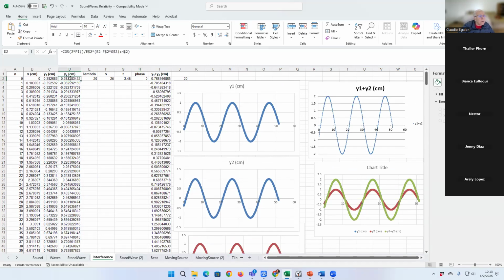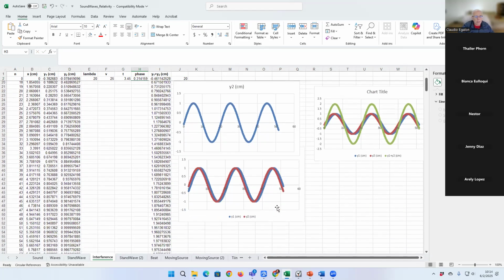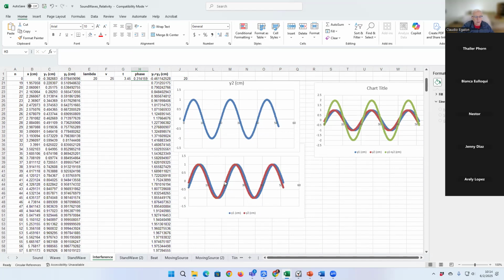Phase 0. Now I'm going to start with pi over 10. So look here. Those two waves are slightly offset from each other, and then we have the resulting wave.